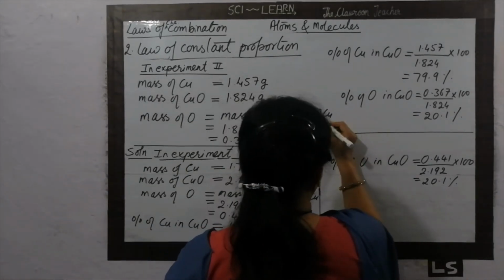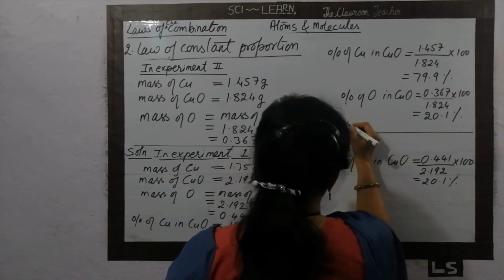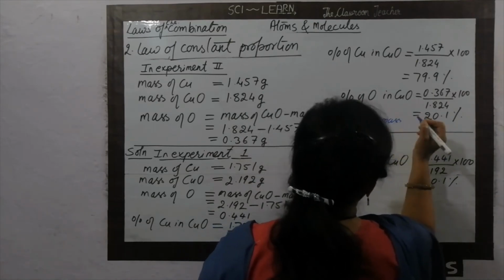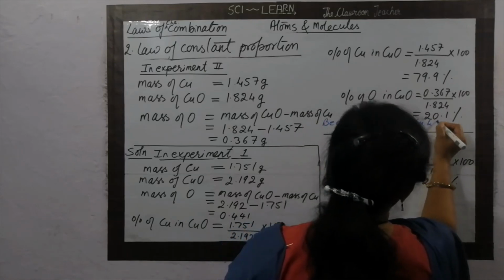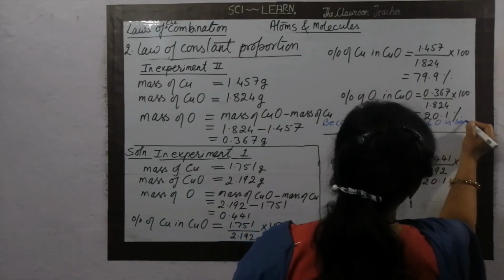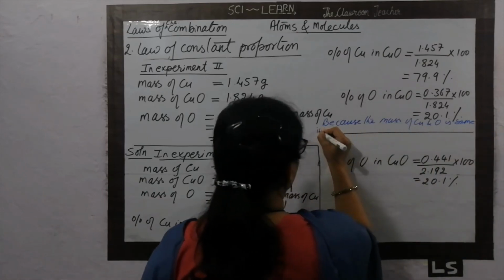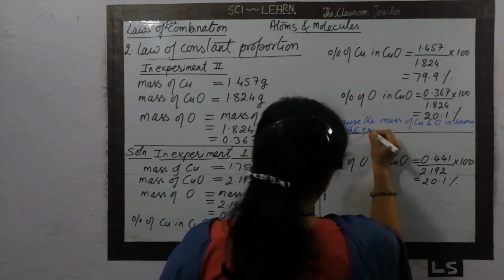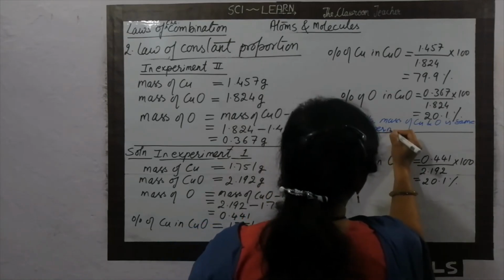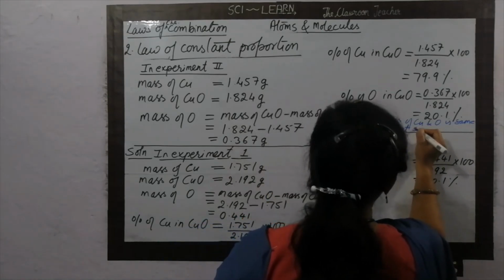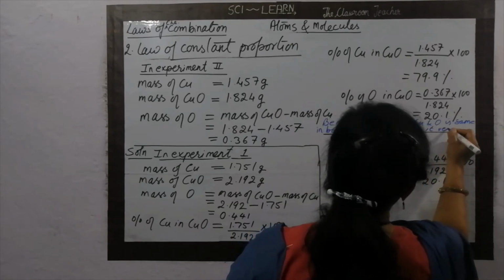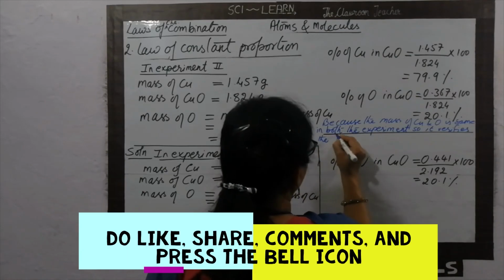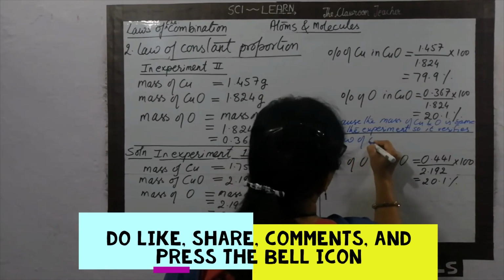This verifies because the mass of copper and oxygen is the same in both the conditions, both the experiments. So it verifies the law of constant proportion.